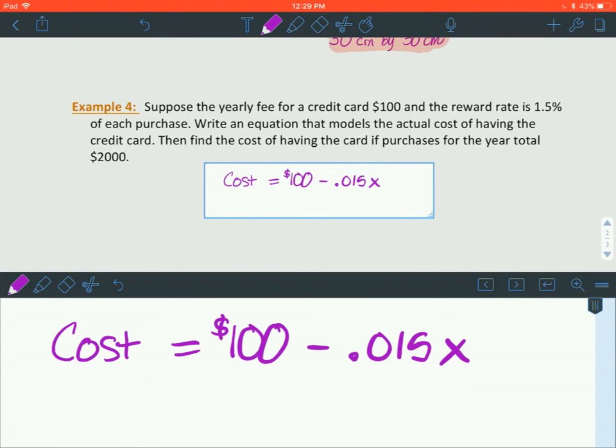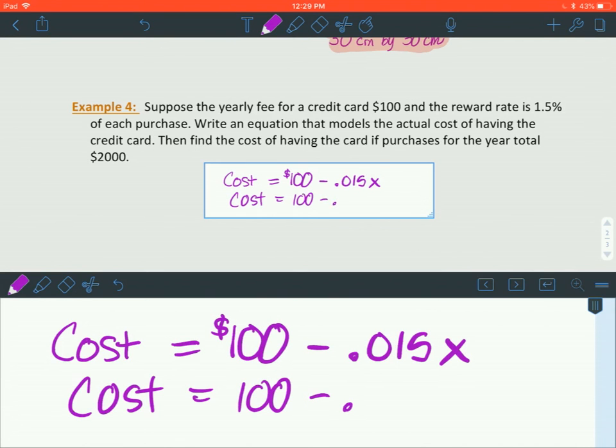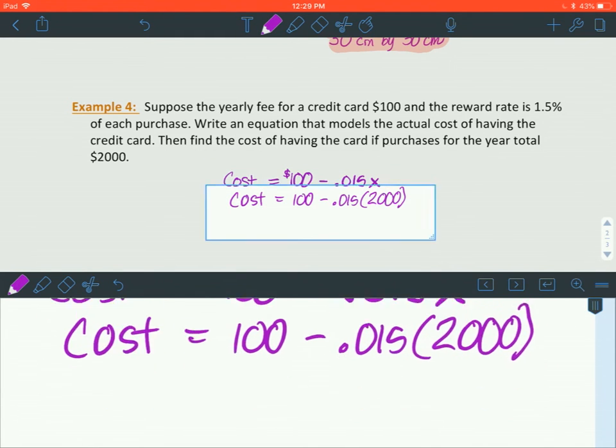So there's my cost. If I want the cost of having this card, if I spend $2,000 a year on purchases, well, let's plug in $2,000 for my amount of purchases. Got 100 minus 1.5% of 2,000.